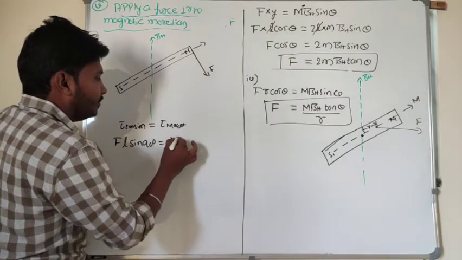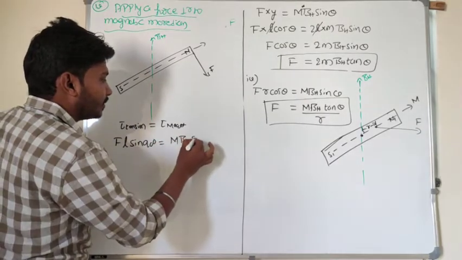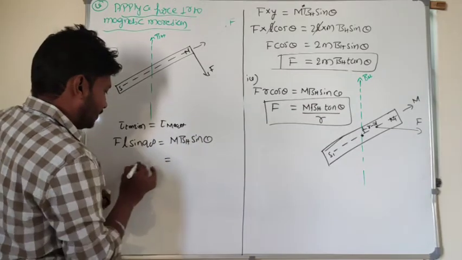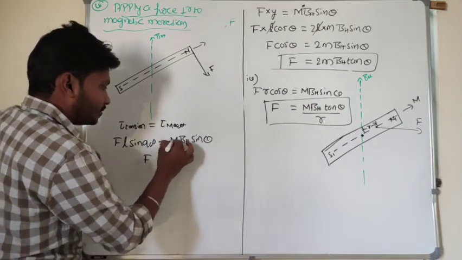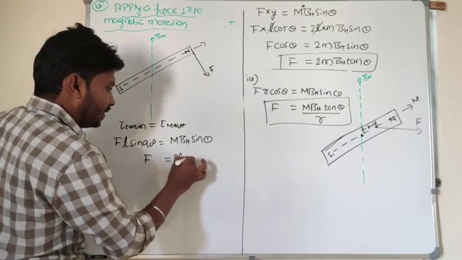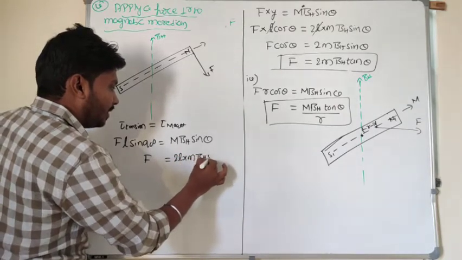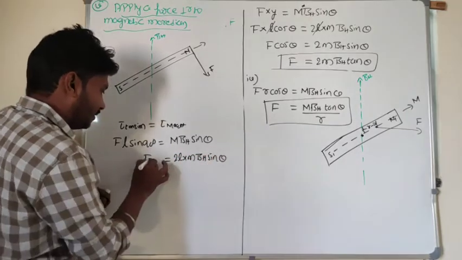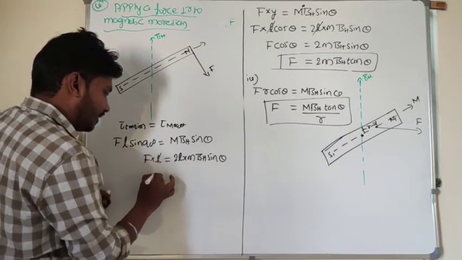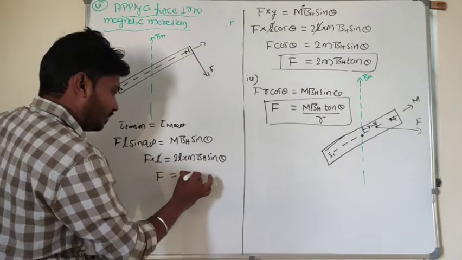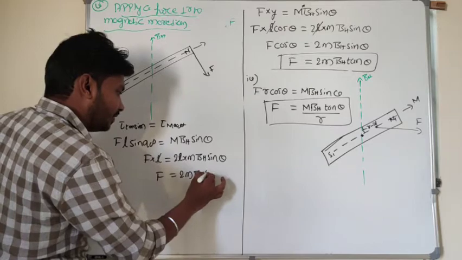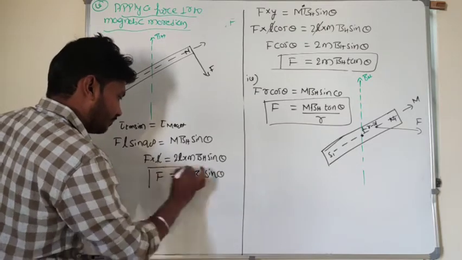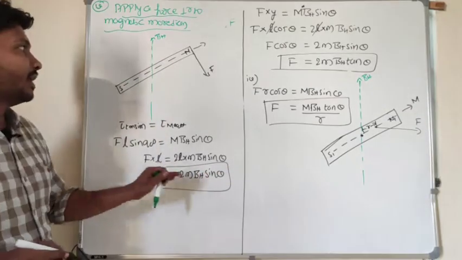So m into B_H sin theta, F into, capital M I will take as 2L into m, B_H sin theta into L. The L term will get cancelled out, giving 2m B_H into sin theta. Look here, this is the required expression.